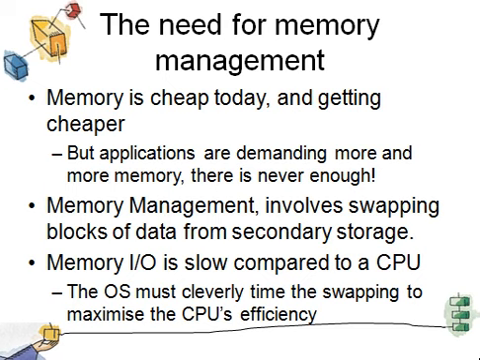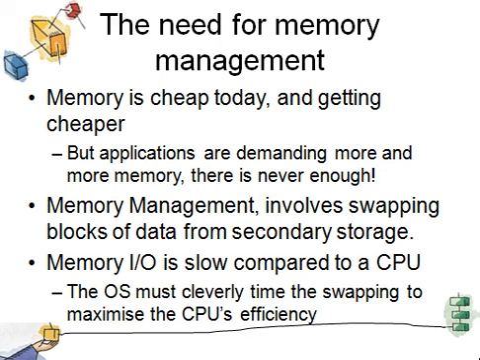So here we are swapping the data blocks from the secondary storage to the main memory, and to and fro occurs frequently. Memory management includes IO devices. Here memory IO is slow compared to the CPU.